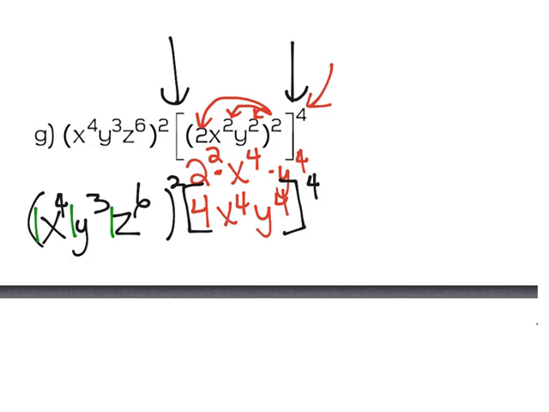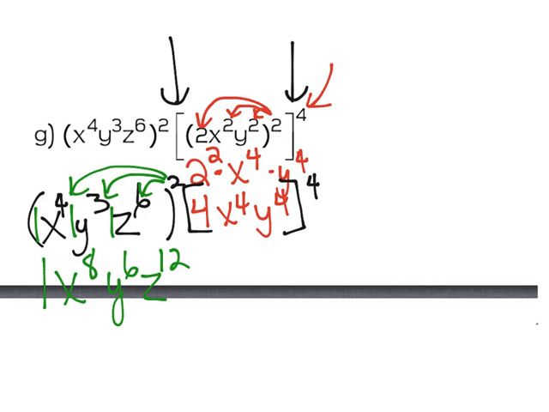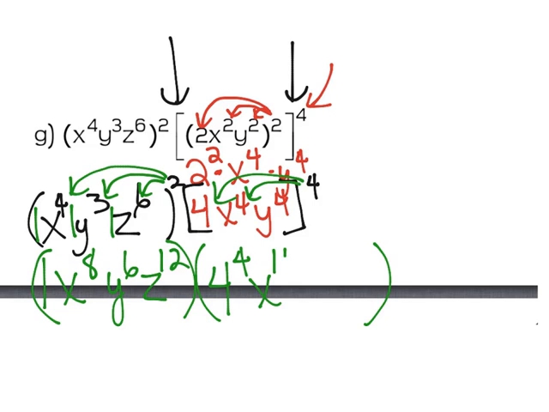So it's going to be 1 x to the 8th power, y to the 6th power, z to the 12th power, times 4 to the 4th power, x to the 16th power, y to the 16th power.